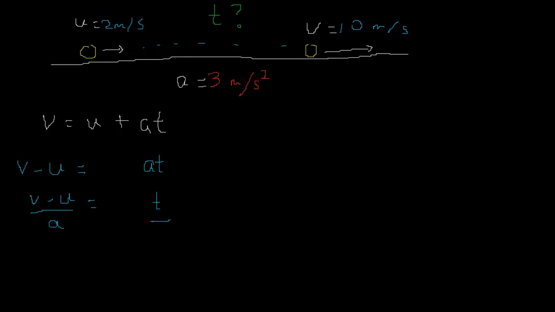I can then substitute the numbers that I know into the left hand side to find the answer. So let me write it out this way. t equals, and I want to start substituting numbers into here.